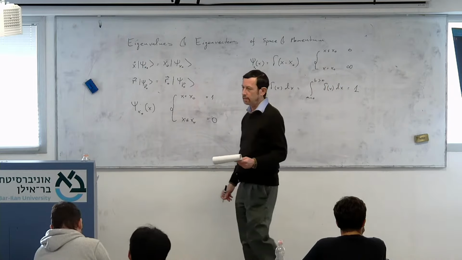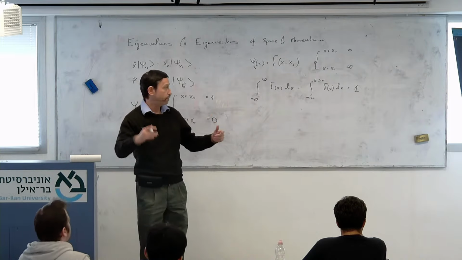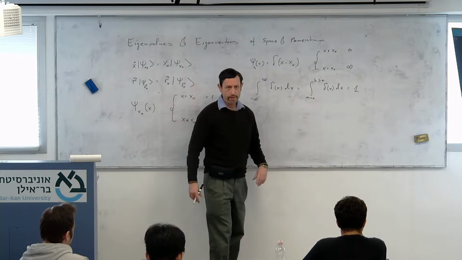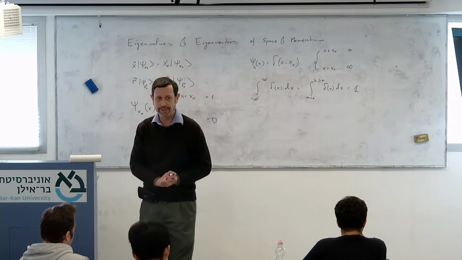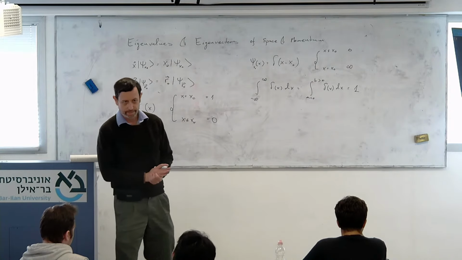As long as within your range of integration you have 0, the result of the integral is 1, because the rest of the integral is a summation of zeros.